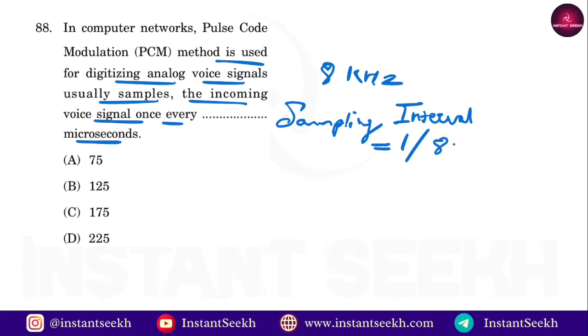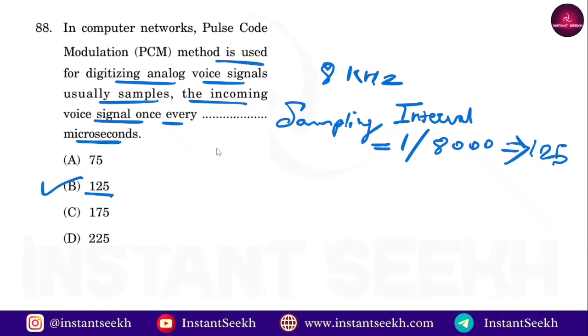We convert it into 8000, and the answer that we get if you divide this is 125 microseconds. So PCM usually samples at 125 microseconds.